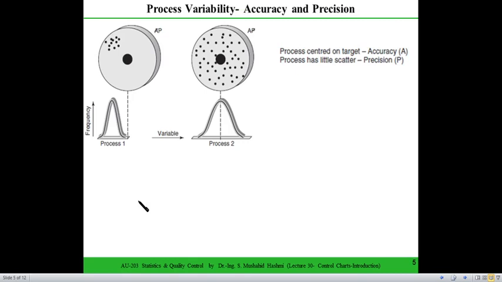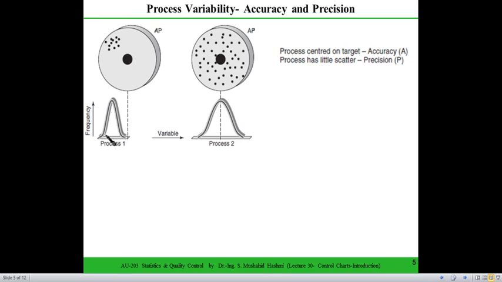Okay, so as we have seen, this process is a function of inputs. If inputs are varied, the output is going to vary. So once we look at the variability that is inherent in the process, for example, it could be one of the scenarios in which A stands for accuracy and P for precision. Looking at process 1, you see the dispersion is small, so the central tendency of the data is much higher.